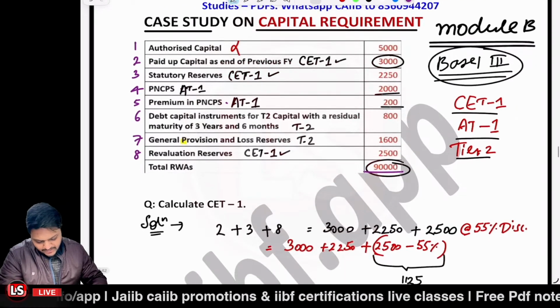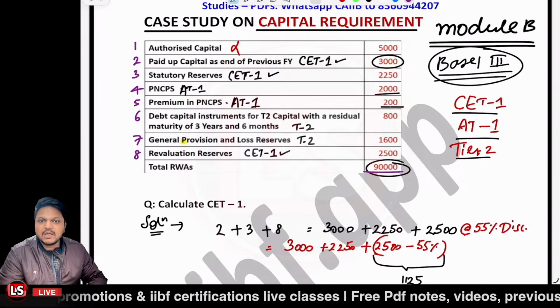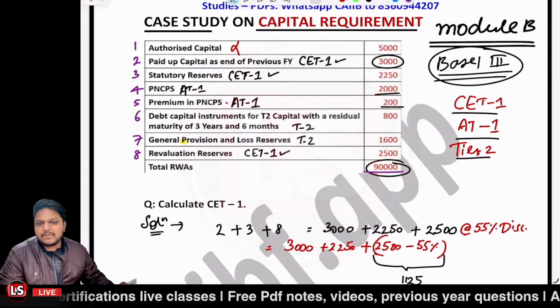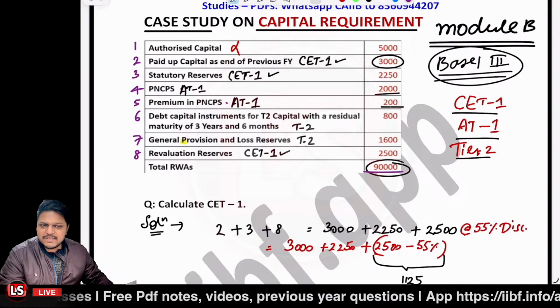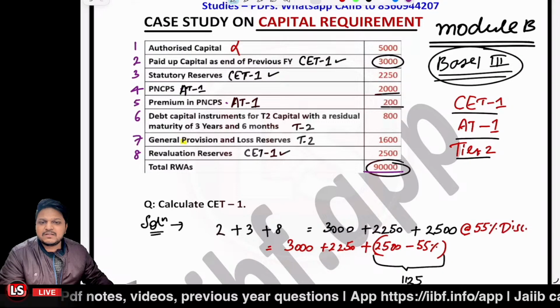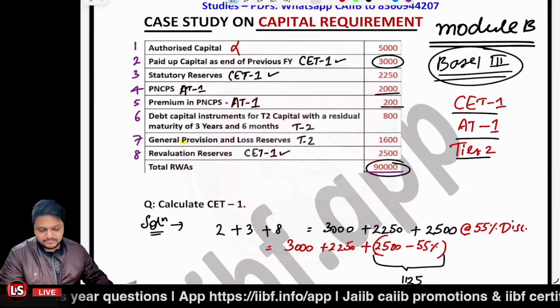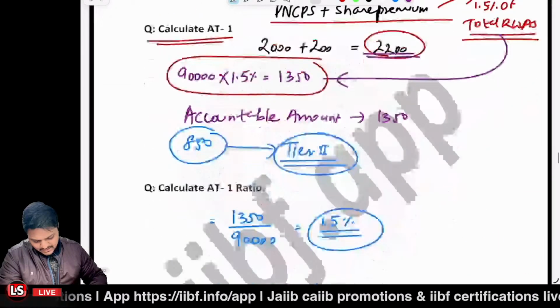Okay, so for the tier 2 capital, we are having number 6 and 7 only. Number 6 and 7 is related to the tier 2 capital. So it's one thing, it's related to the general provision and loss reserves, that is 1600. And further, we are having the debt capital instruments tier 2 capital with residual maturity of 3.5 years. Okay, so let's go to the question again.